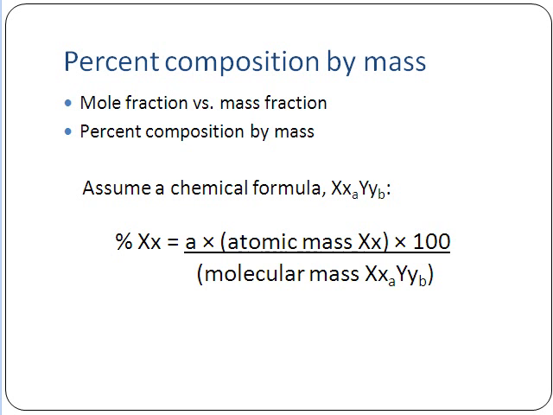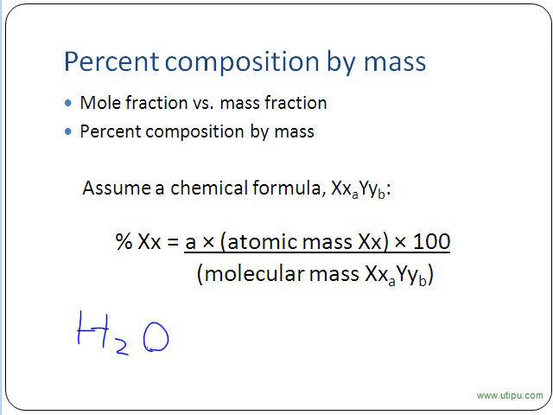All right. When we have a formula, let's say that we have our old classic water, H2O. If we want to figure out what percent of this formula is hydrogen and what percent is oxygen, there are two ways to do this.